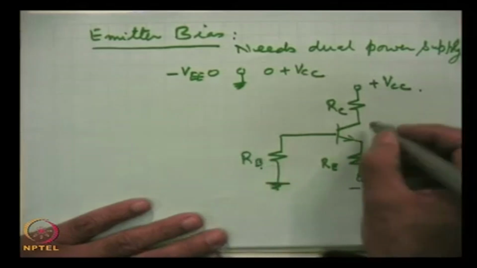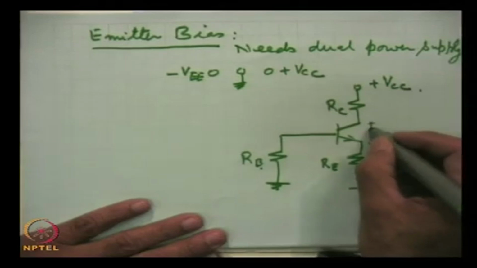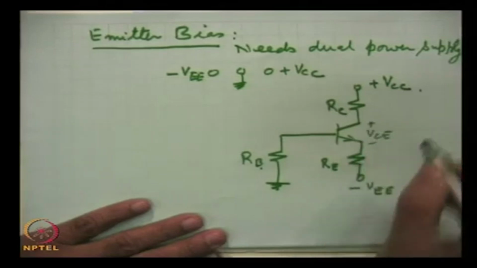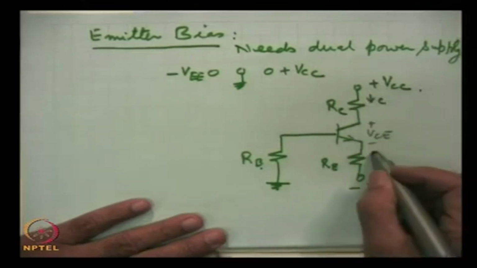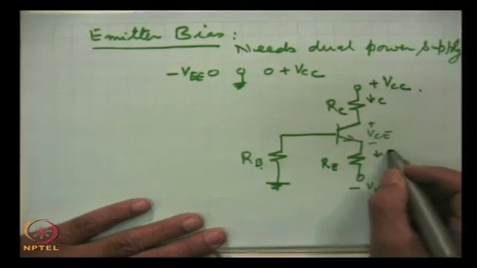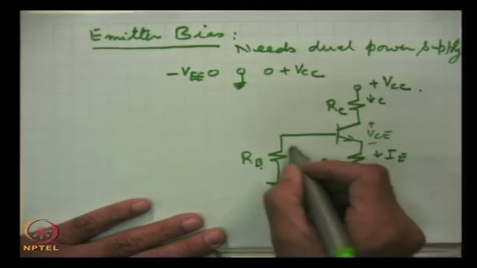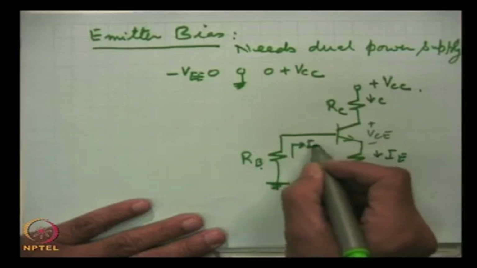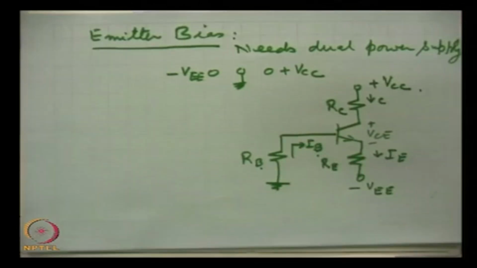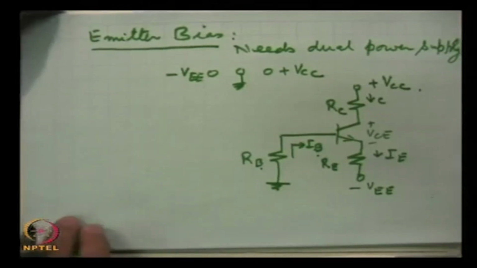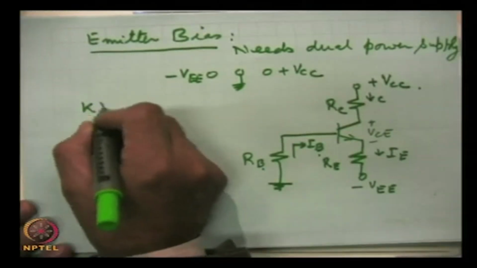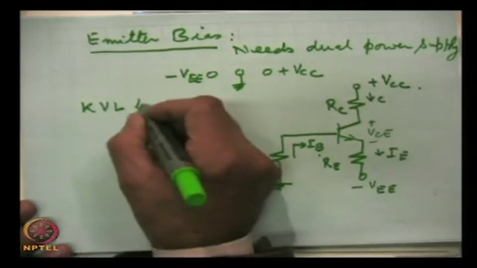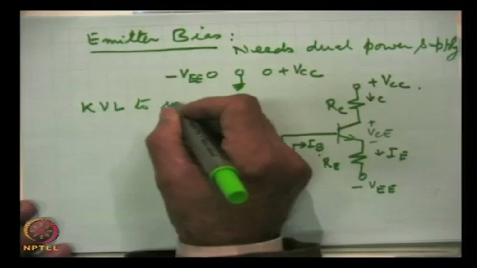So, this voltage as usual is VCE, and collector current flows here, and here is the emitter current, and from here flows IB. This is the circuit, and we can show here how stability will be achieved. Let us apply Kirchhoff's voltage law to the input circuit.